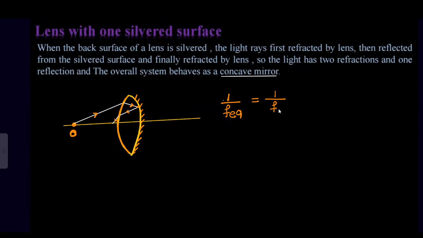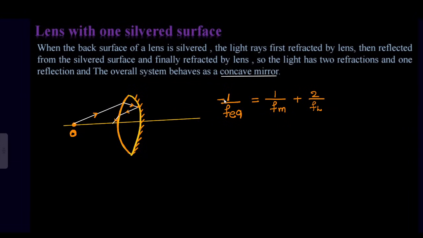That is 1 by Fm. Fm means what? Focal length of the mirror, plus, and then the light ray has two refractions, that's why we have two times. The refraction is because of the lens, and overall this silvered lens will behave like a concave mirror.